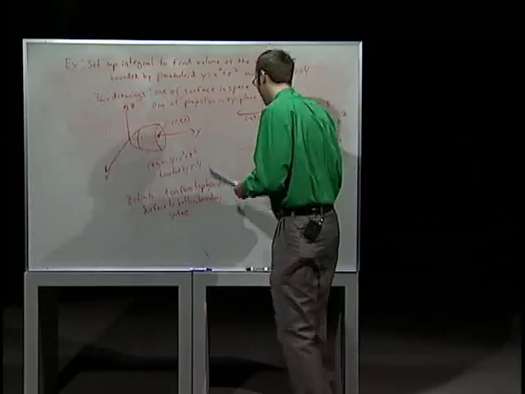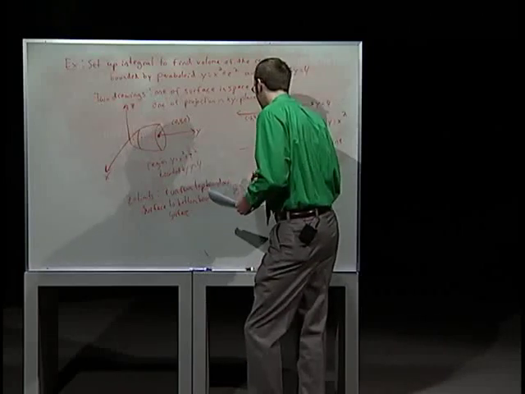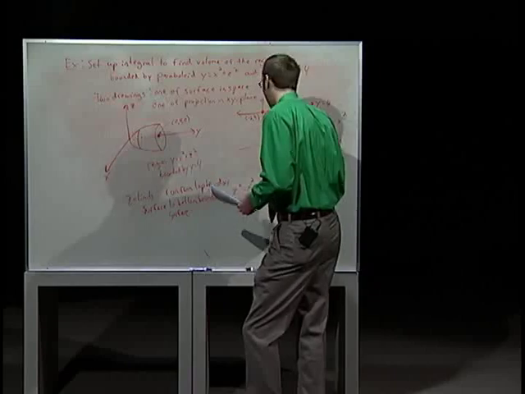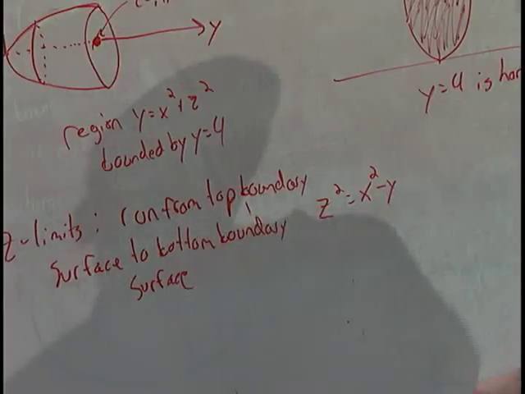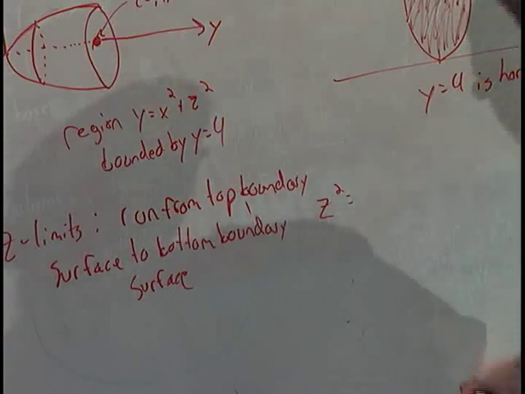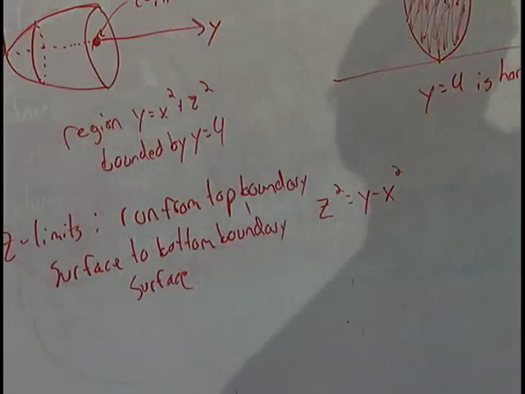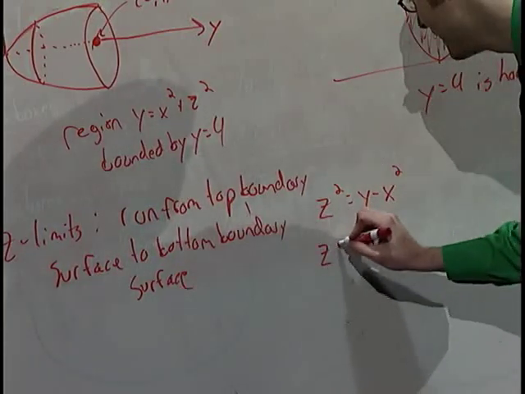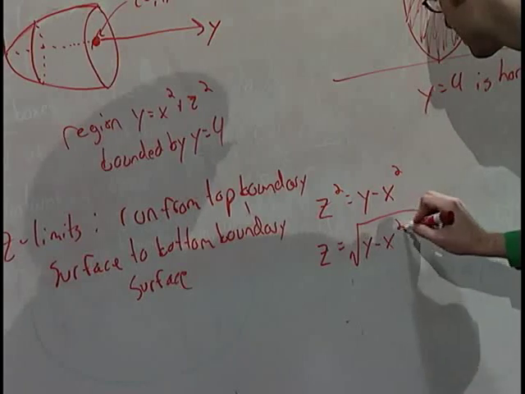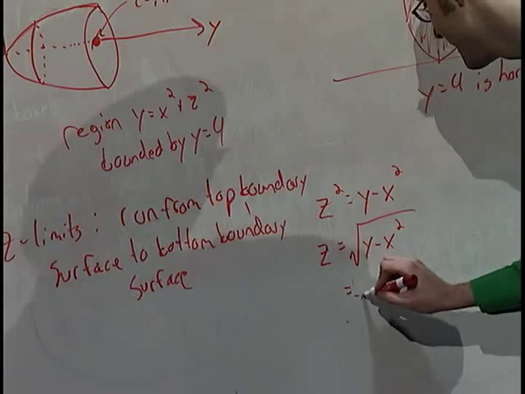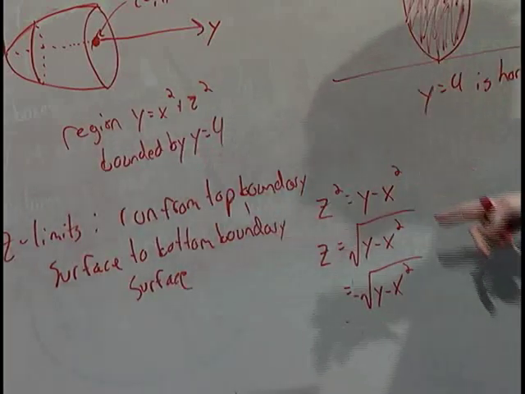So I got z squared equals y minus x squared, sorry, y minus x squared. And so z is either equal to the square root of y minus x squared, or it's equal to the negative square root of y minus x squared.